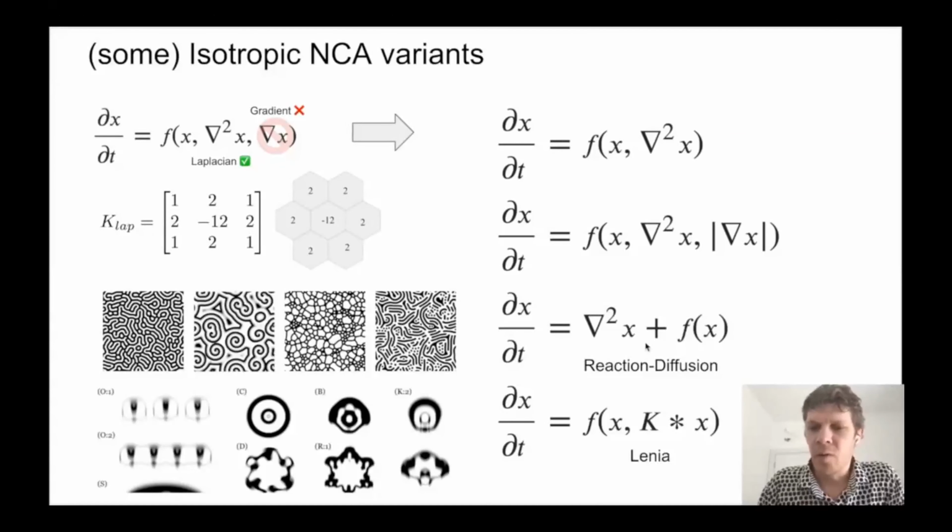This is essentially a variant of a popular reaction diffusion model, which is known for its capability to generate diverse, interesting patterns. The famous linear model can also be seen as a case of isotropic cell automata that relies on convolution with a large symmetric kernel to model cells' perception.